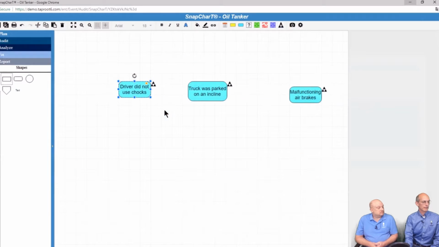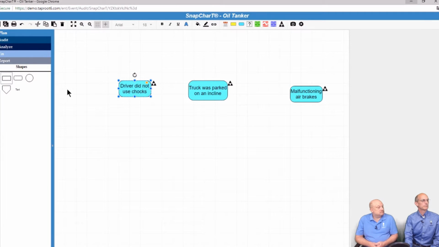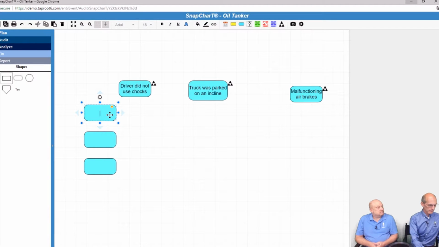Now, all this, again, obviously is going to be added to your snap chart, and maybe down underneath here on our investigation, as we're very quickly asking some questions, we may find that, for example, maybe supply had chocks on back order.